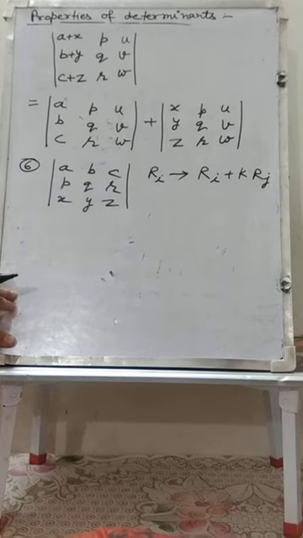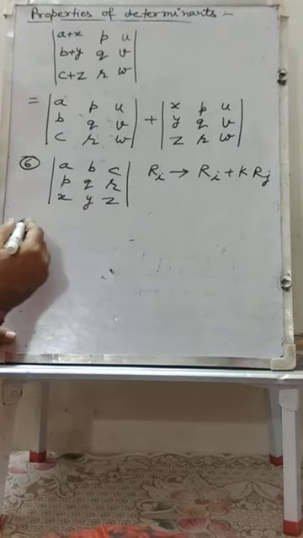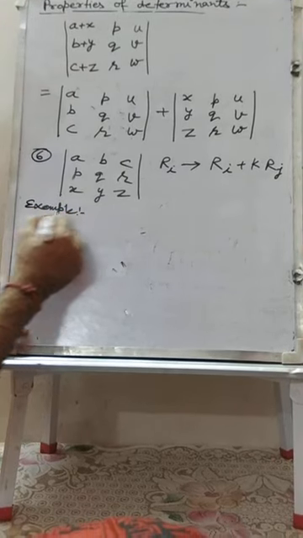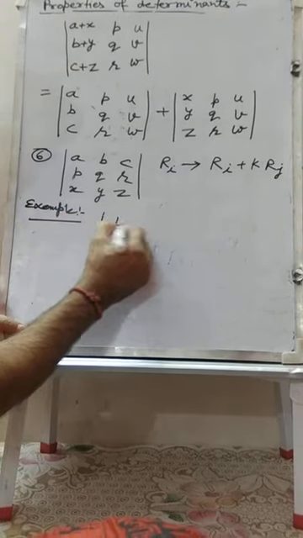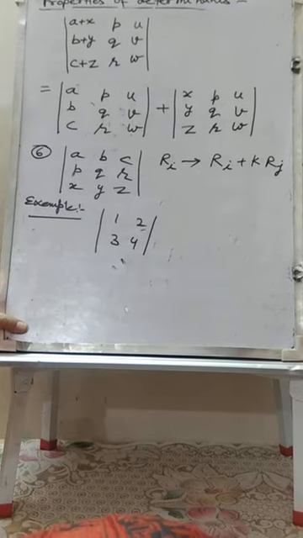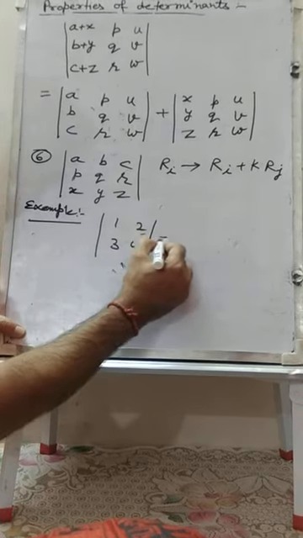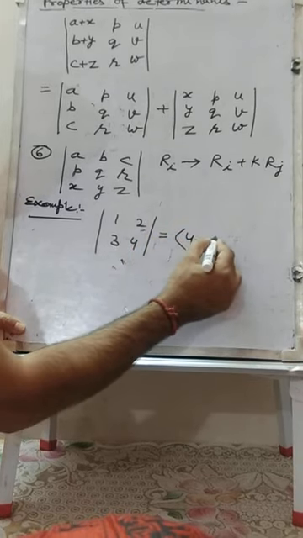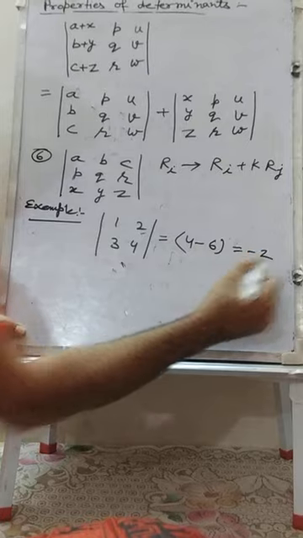For example, I am taking this verification with the help of an example. Let this be the determinant 1, 2, 3, 4, and I take its value. It will become 4 minus 6, that is minus 2.